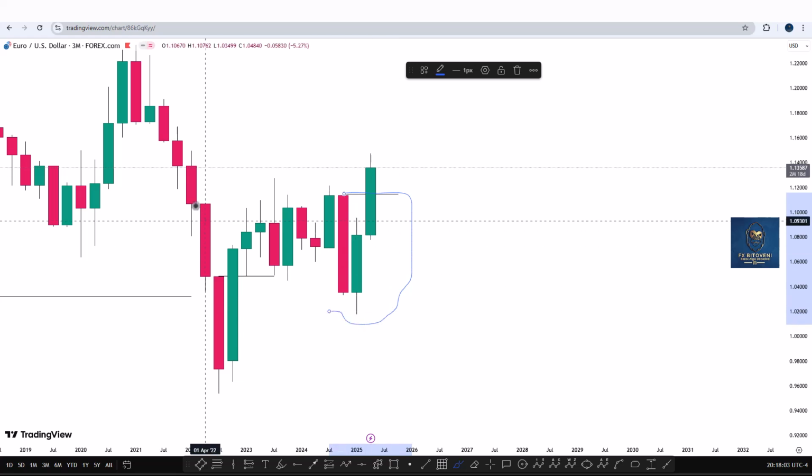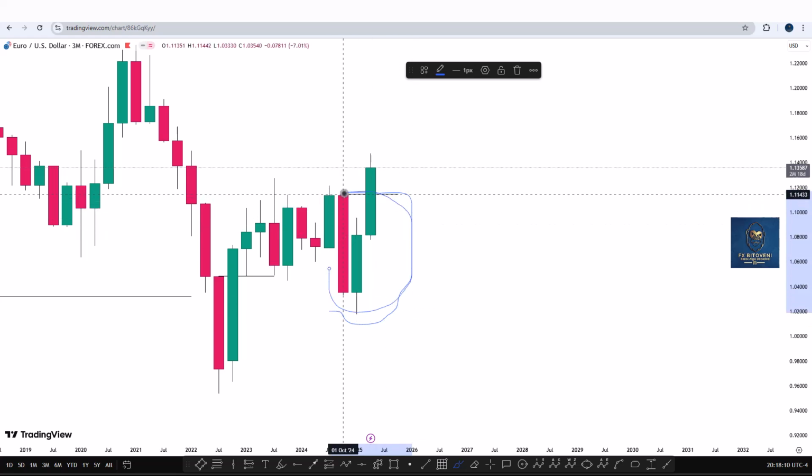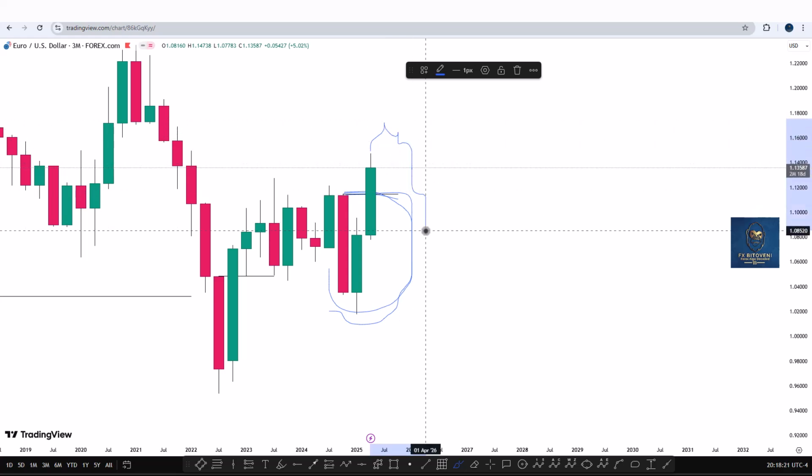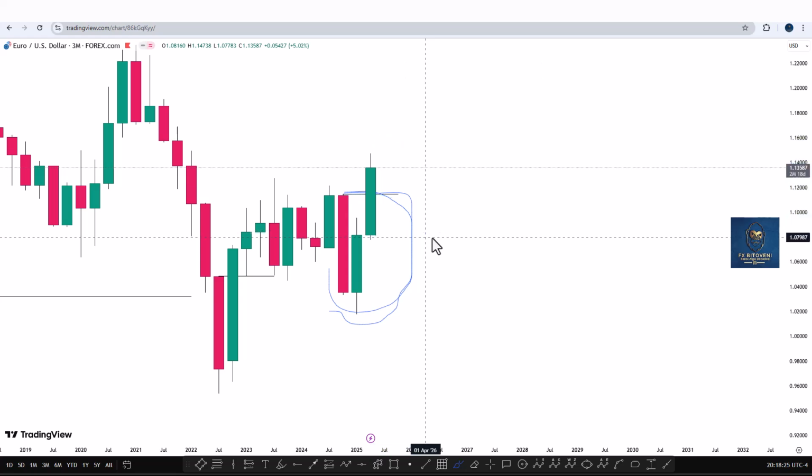I'm not talking about the fair value gaps. As long as one side exceeds another, there is no peace. Price will eventually come back.